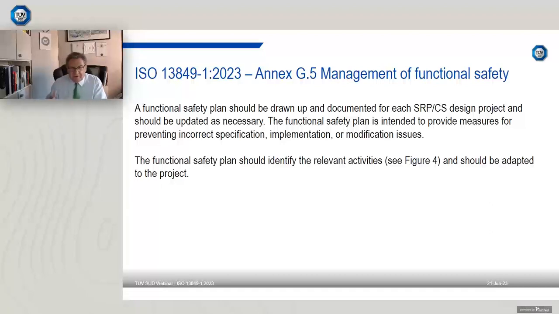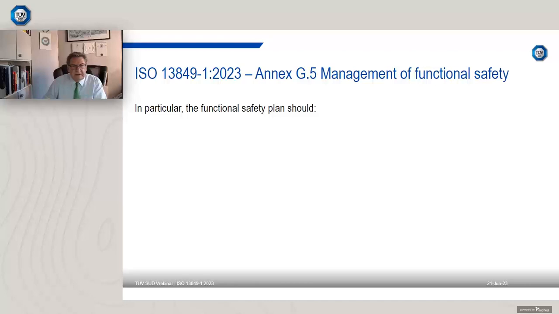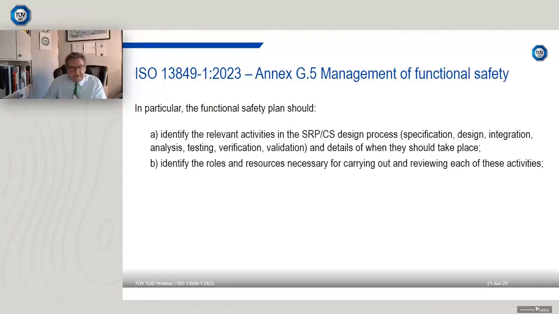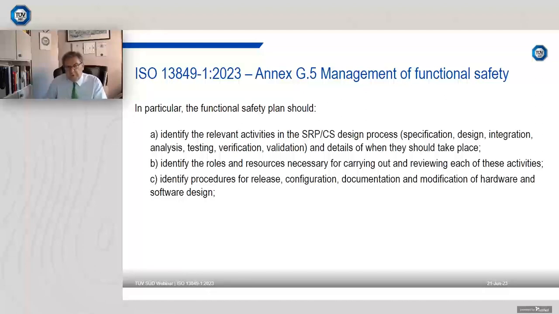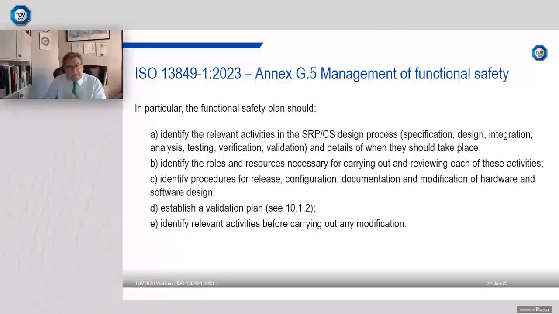It should be documented and updated, and there is a figure in the standard that gives us some idea of what's required in a functional safety plan. It should identify the activities, roles and resources necessary, typical things that would be required in a formal functional safety management system, identify the procedures, have an established validation plan, and identify relevant activities for carrying out any modifications.